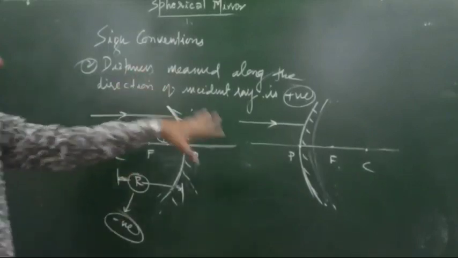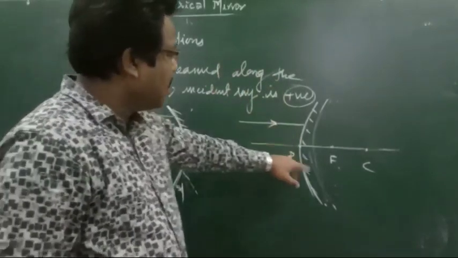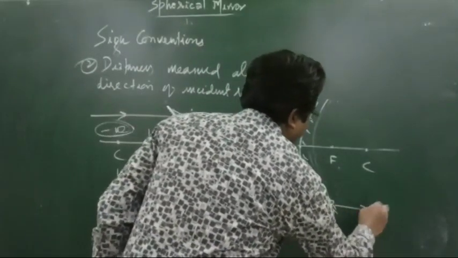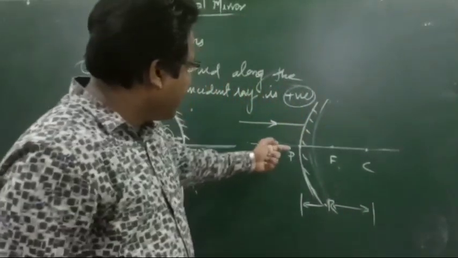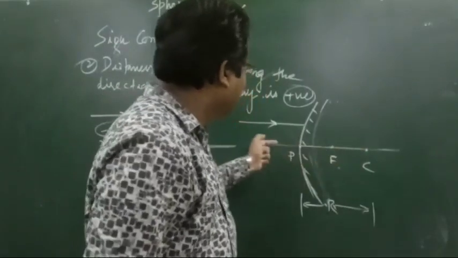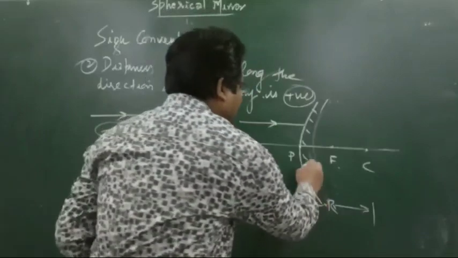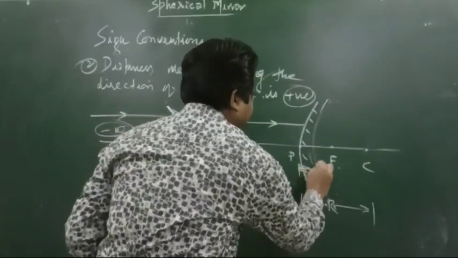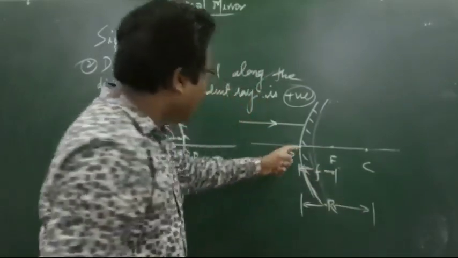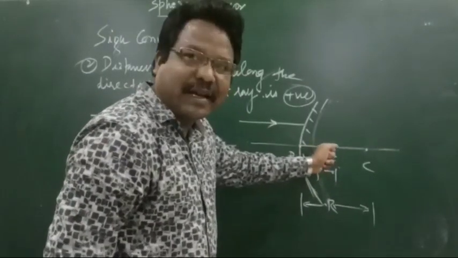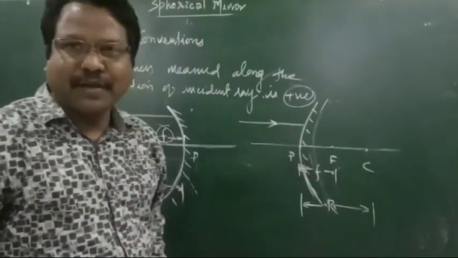So this is also negative for a concave mirror. On the other hand, when you measure the radius of curvature of a convex mirror, you measure it from pole to center this way, along the incident ray. So it is positive. In the same way, when you measure the focus, from pole to focus this way, which is the direction of the incident ray, it will also be positive. So be careful.